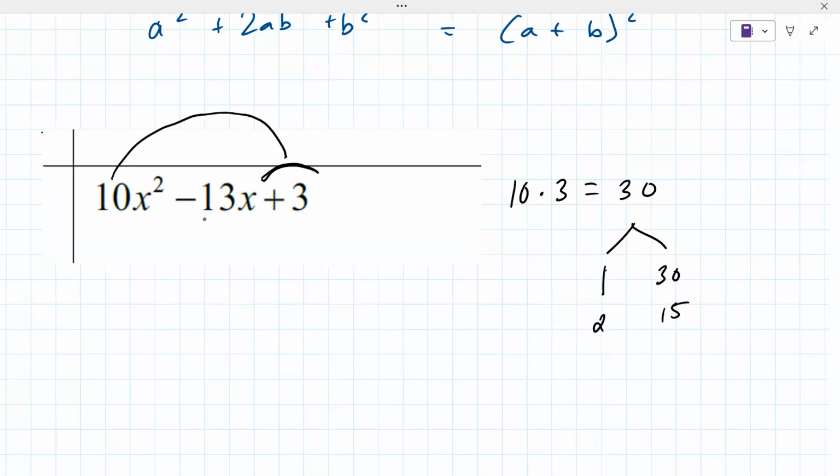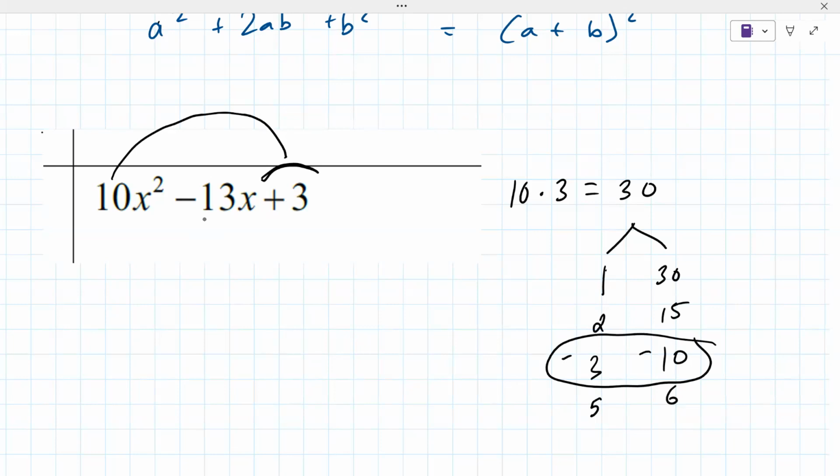This is where you have to be the kind of engineer who just goes through all the possibilities: 1 and 30, 2 and 15, 3 and 10, 5 and 6. 2 and 15 would probably work, because negative 2 plus negative 15 works. They have to both be negative or both be positive. Oh yeah, because of the signs.